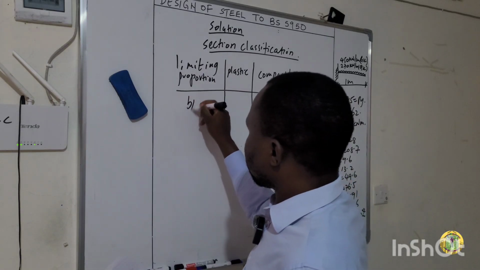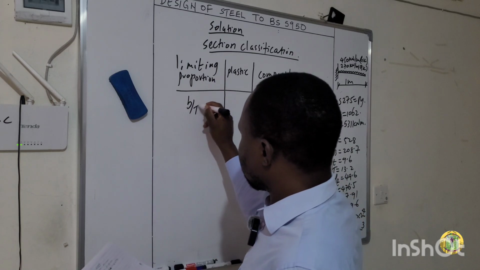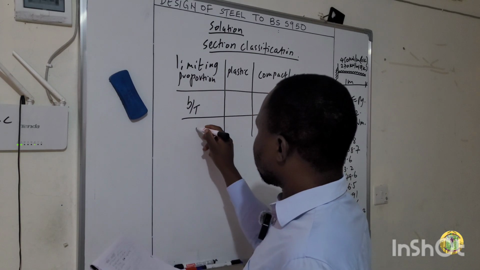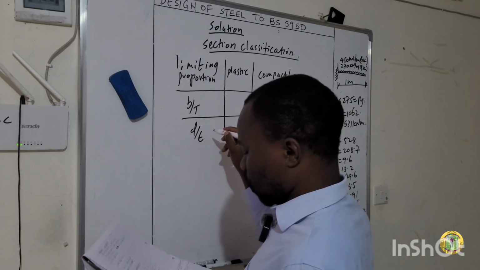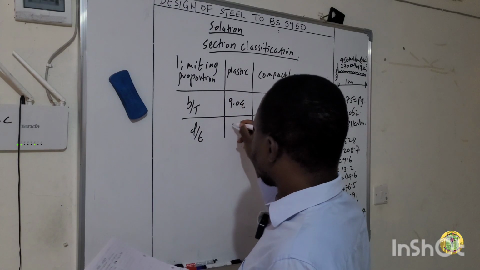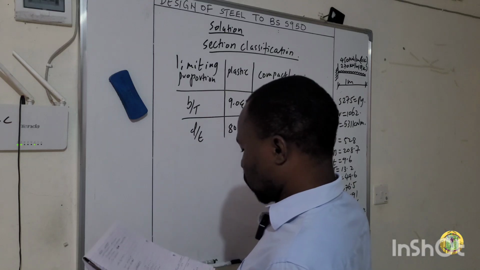So you have B over T, and we have D over T. So this is 9.0, like that.